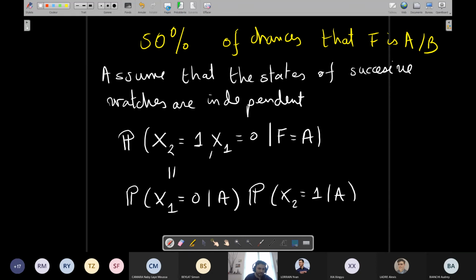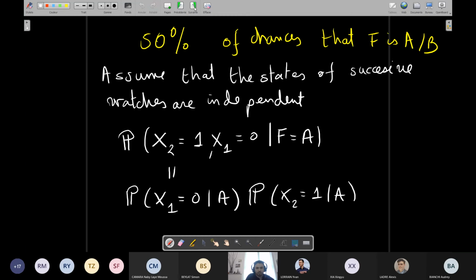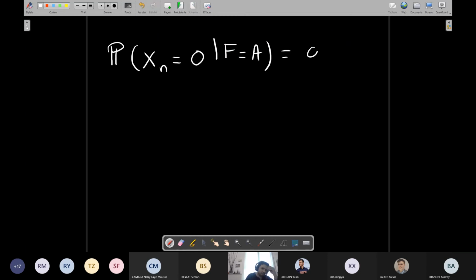Now we have some data from the problem. We know that the probability that the state of the nth watch is 0, given that the factory is A, is 0.01.